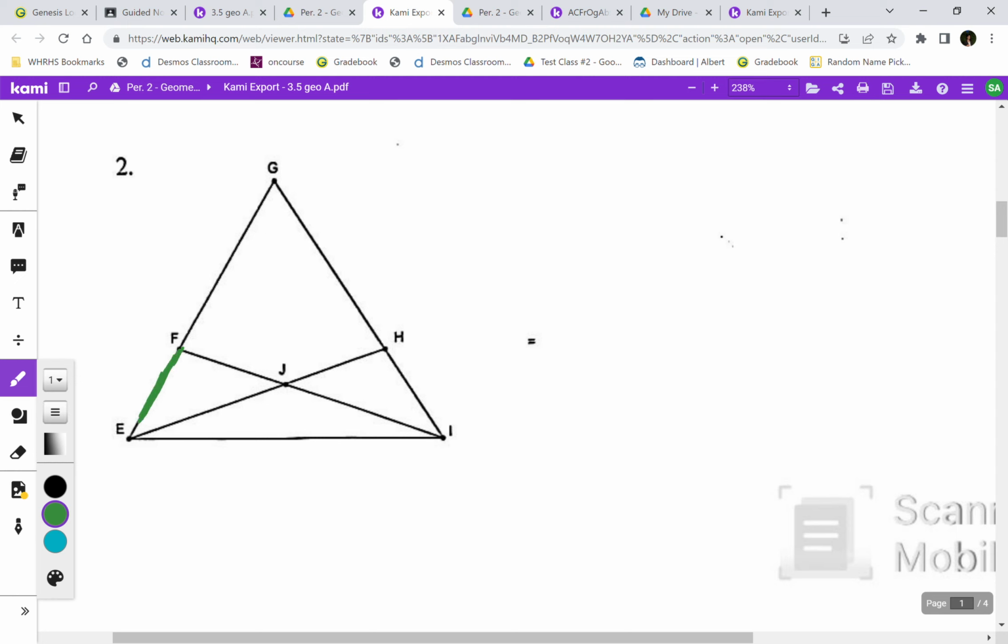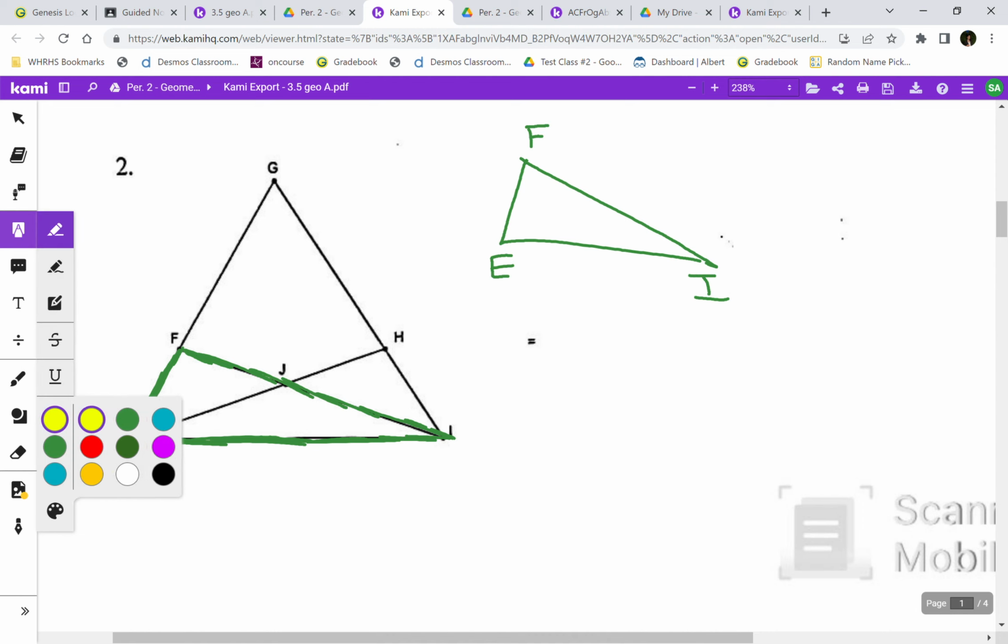I'm going to highlight. So FEI, that's one. And the other one is HEI, which I'm highlighting in yellow.